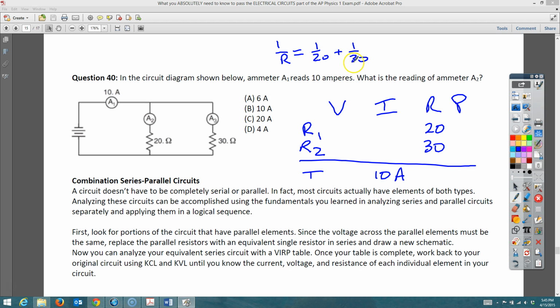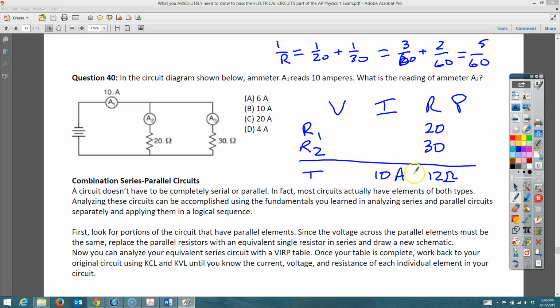We can do a common denominator. We just make it 60. So 3 over 60 plus 2 over 60, that would give us 5 over 60. And so if you take 60 and divide that by 5, we end up with 12. And so our total resistance here is 12 ohms.